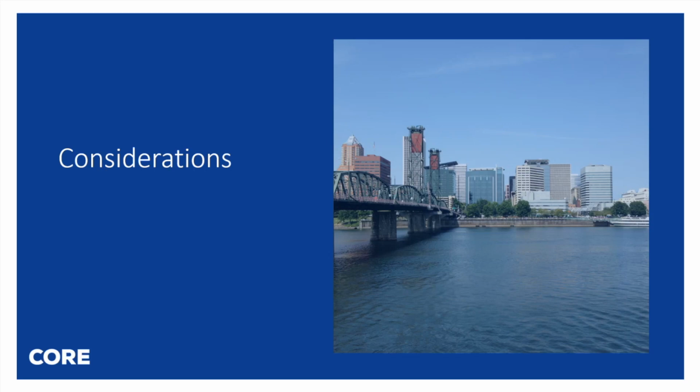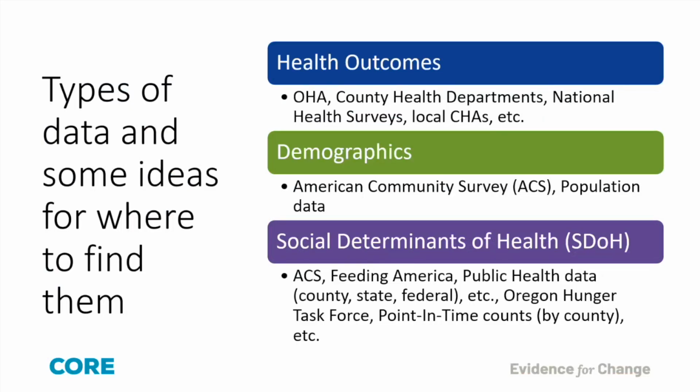And Taylor a little later is going to go into more depth about specific sites and give some really good information there. But really quickly, some types of data and ideas of where to find them. If you're looking at health outcomes, you might want to go to OHA, and it looked from the poll that a couple of people already do. County health departments, national health surveys, local community health assessments.